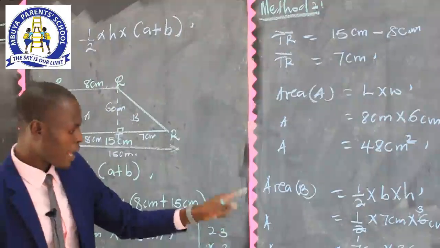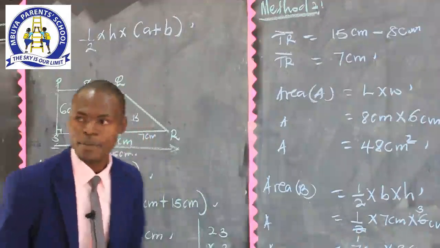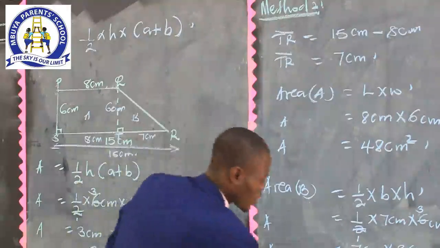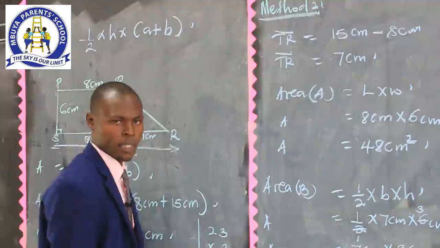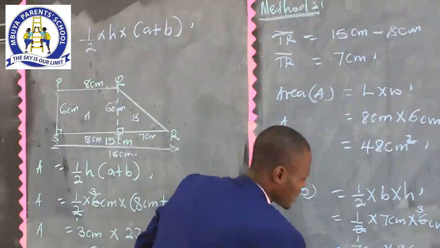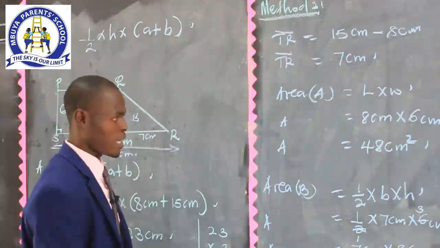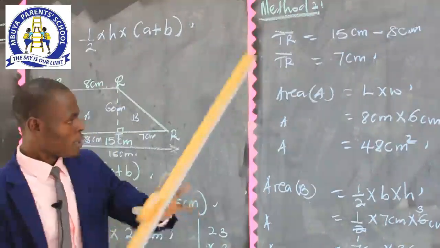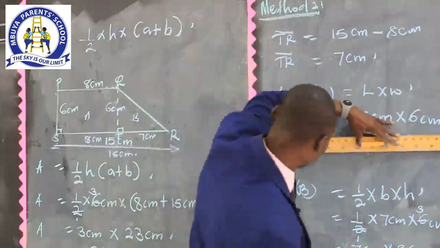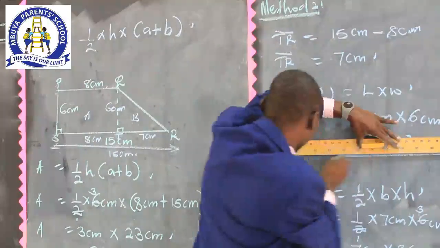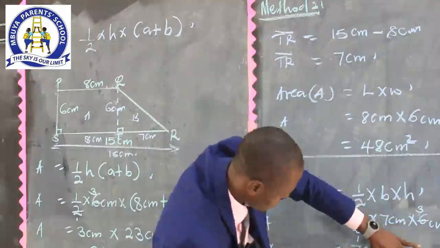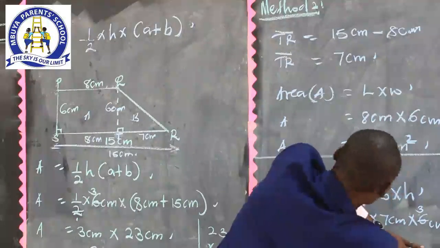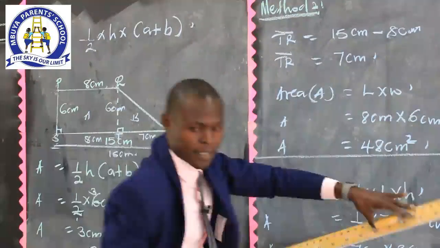Good. So we have 7 times 3. Class, 7 times 3 gives us 21 centimeter times centimeter. It will be square centimeters. So that is now the area of B. So we have our A. As I said from the beginning, I like it when you are smart. And keep the smartness.